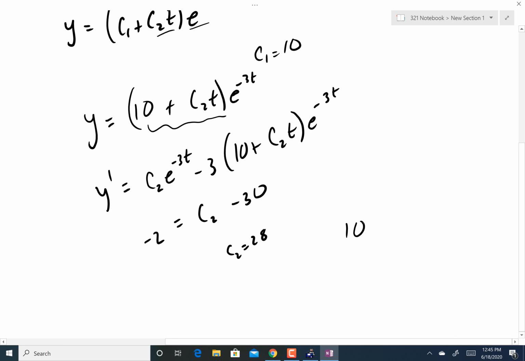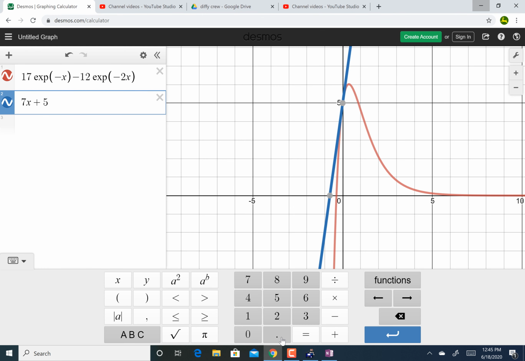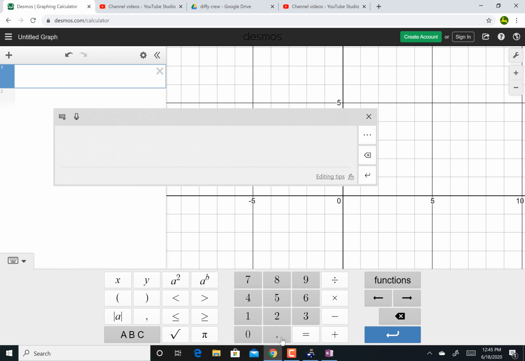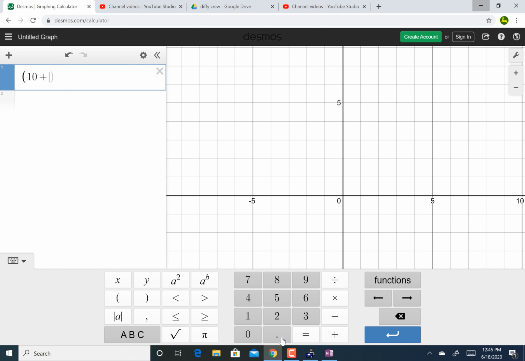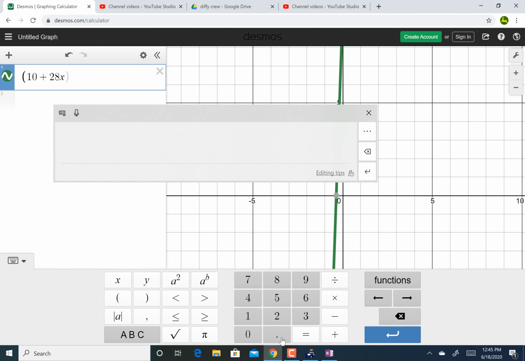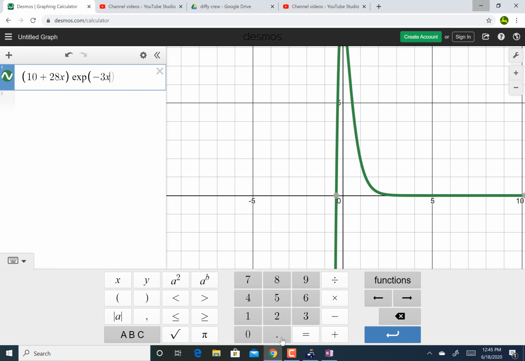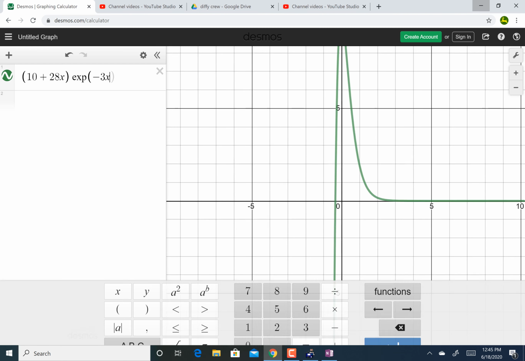So you'd have 10 plus 28t e to the minus 3t. See what that looks like. 10 plus 28x exp of negative 3x. Oh, that's nice.